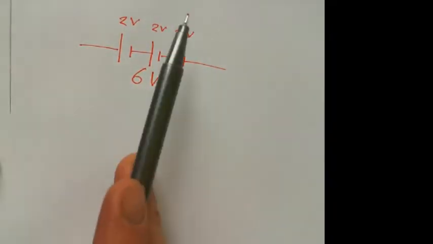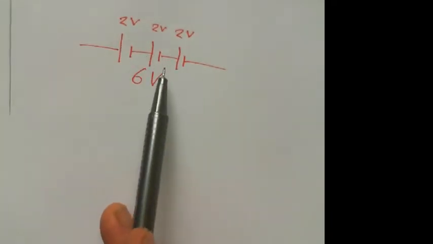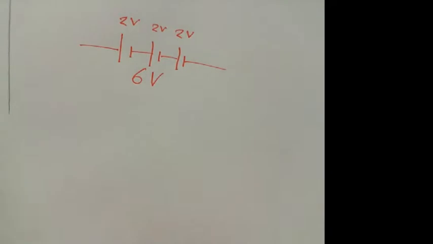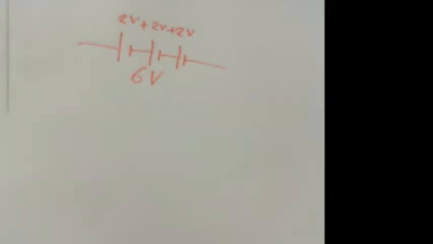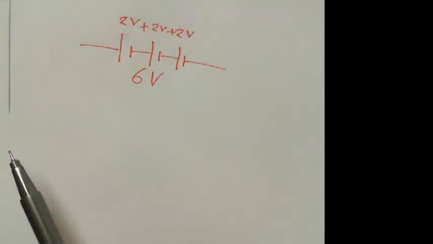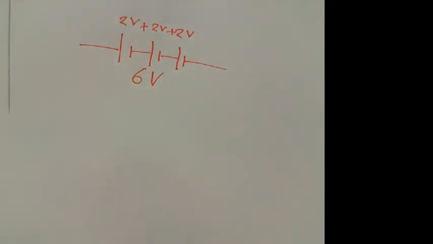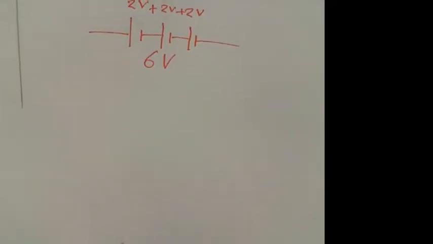So the equivalent voltage provided by one cell of these 3 cells in a battery is 6 volts. All I did was add them together, because they're all going the same way. If they were going the opposite way, I'd have to turn them around.